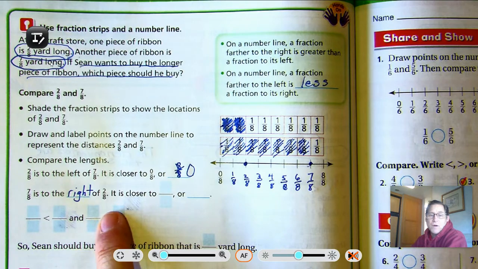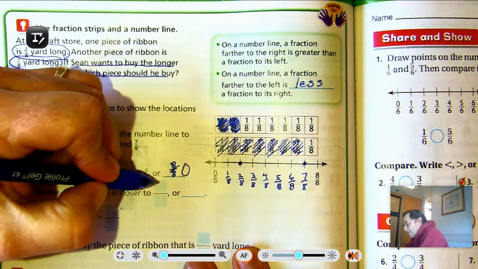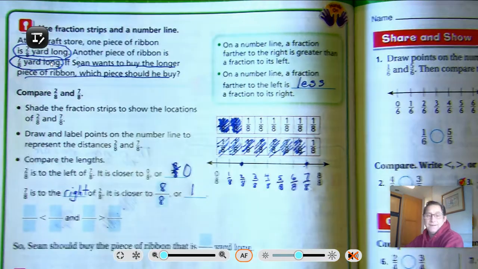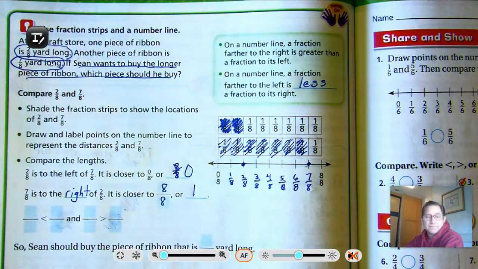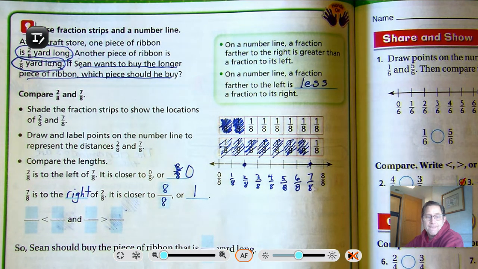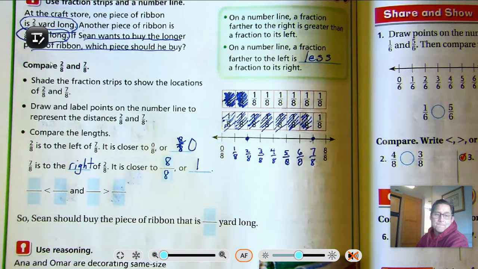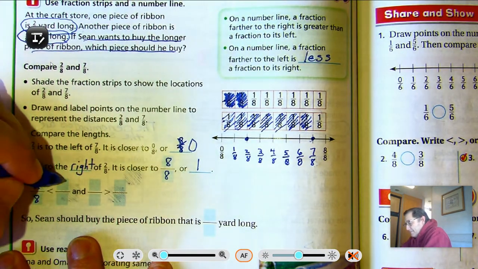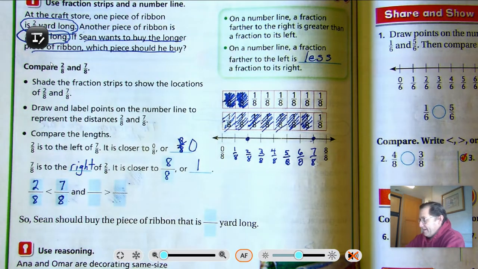7/8 is to the right of 2/8. It is closer to 8/8 or 1. So 2/8 is less than 7/8.